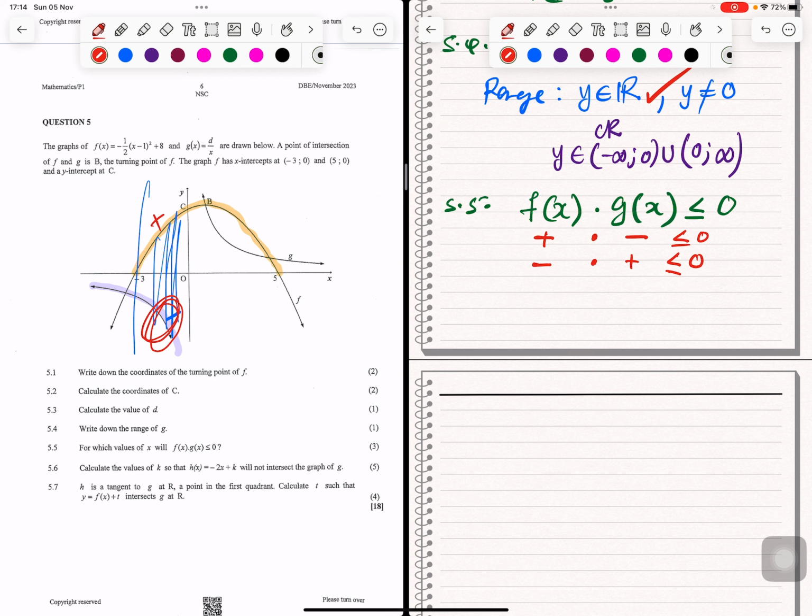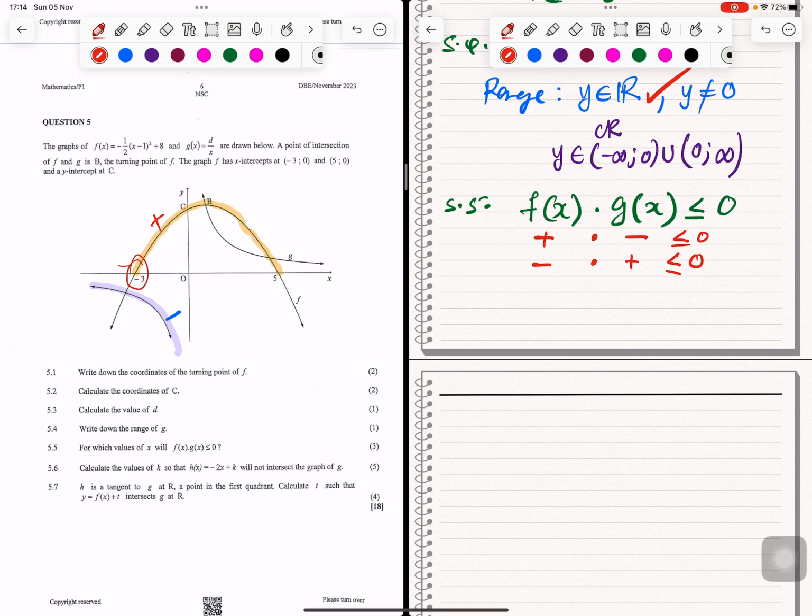Remember, this graph is not defined at x being 0. So you're going to look at everything in between this region, which is -3 and 0. But 0 is defined for both of them.